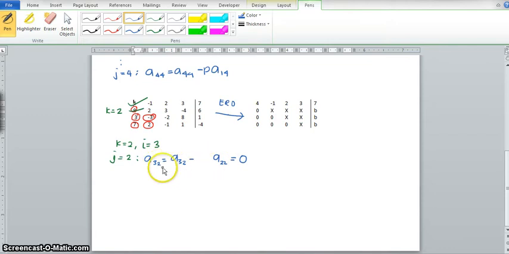So to get A32 as 0, we need to multiply A22 by A32 over A22.